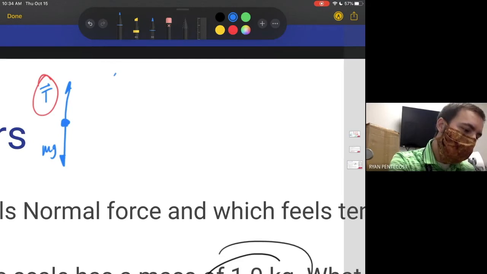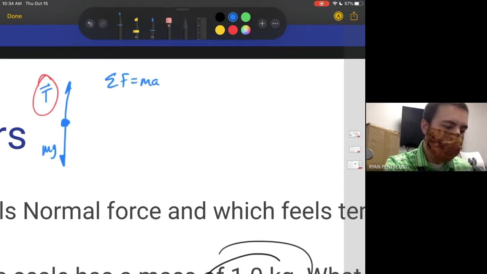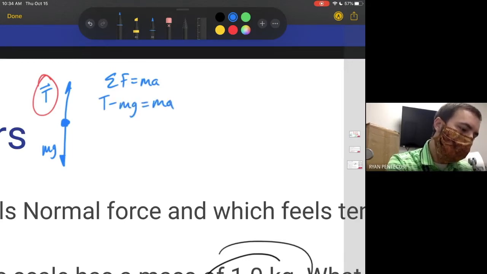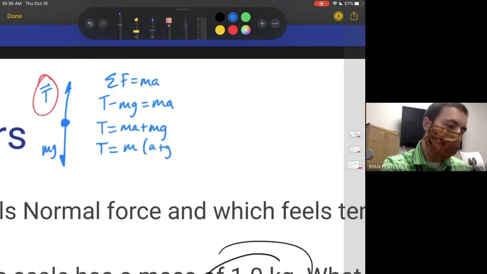If we have summation of forces equals ma, how would we find that tension? Well, we have T minus mg equals ma. If we solve this, you could add that over. You'd have ma plus mg, and you could even simplify that further and say that's m times (a plus g).